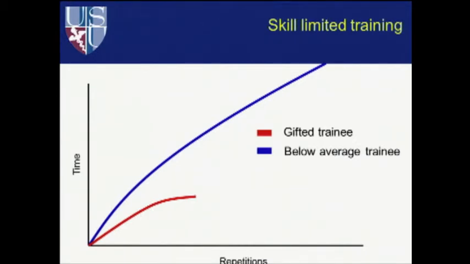So this should, in theory, give you a better utilization of your simulation resource. Everybody has a limited amount of this type of resource, so you don't want people who don't need it to be taking up your training time, and you want that to be available for those who do. So in theory, this is the appeal of a proficiency-based, skill-limited training curriculum.